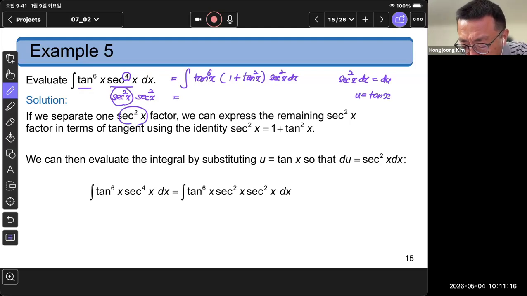So tangent x to the 6 will be u to the 6 multiplied by 1 plus tangent x squared, which is 1 plus u squared. And then secant x squared dx will be du. So I need to integrate u to the 6 plus u to the 8th du.